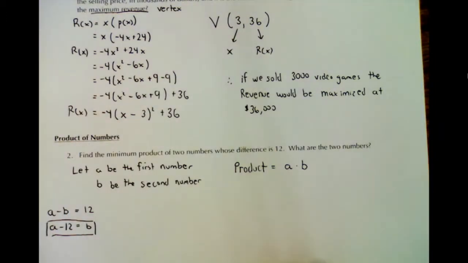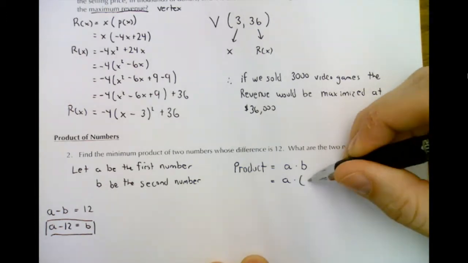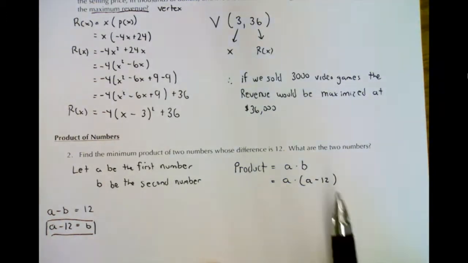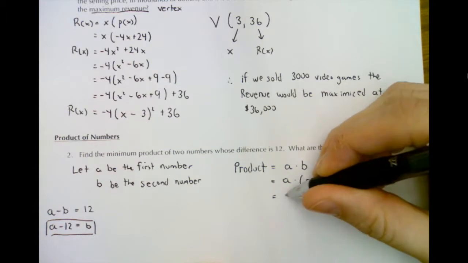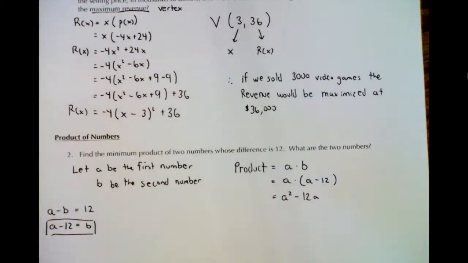So let's go back over here. I'm going to replace B with A minus 12. And now we've got an expression with only A's. And if I distribute, multiply the A's out, we end up with a quadratic. A squared minus 12A. And since we've got a quadratic, we can find the vertex.